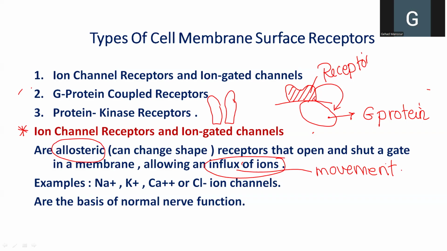Upon studying the nervous system in detail, you will discover how these ion channels are important in the initiation and in the transmission of the nerve impulses. So again, they're very important for normal cell function.